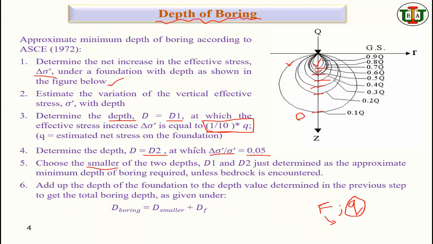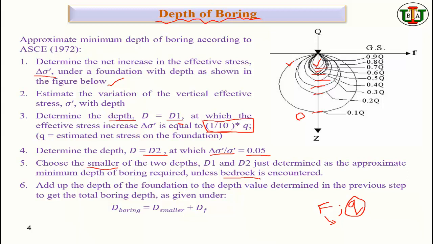You consider either D1 or D2 while you do not have any bedrock. If you find bedrock, at that time you stop and you need to think of something else. You can go for bedrock boring.